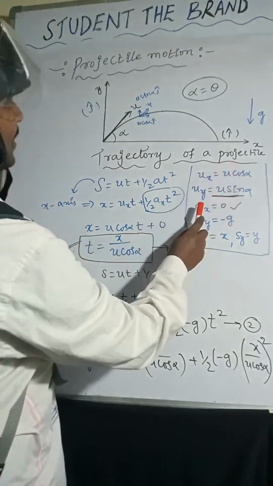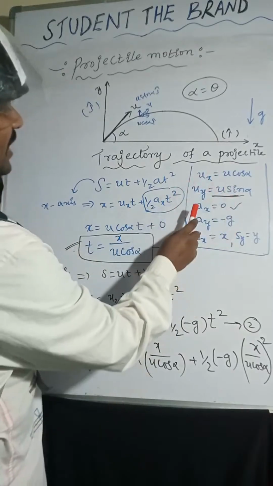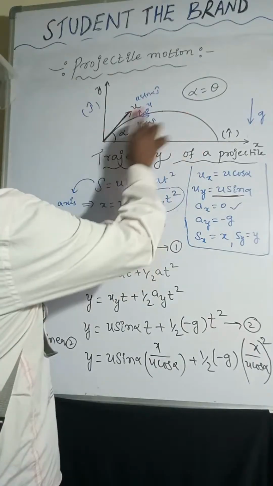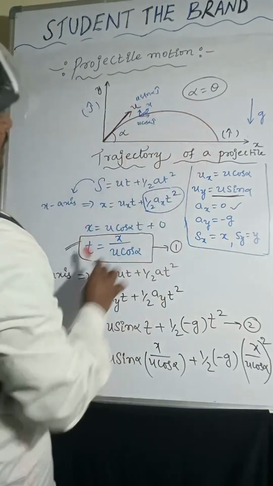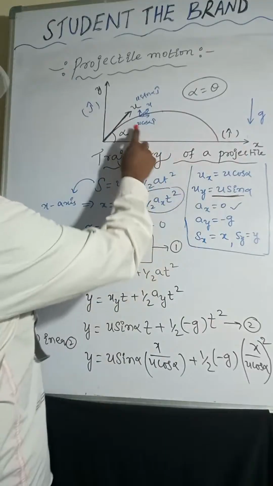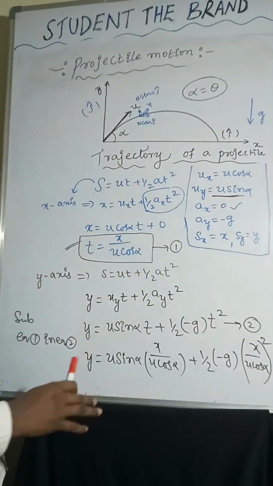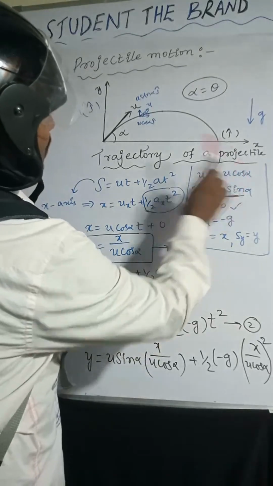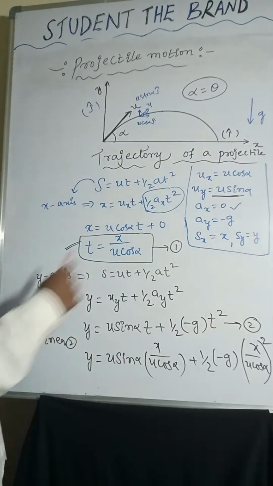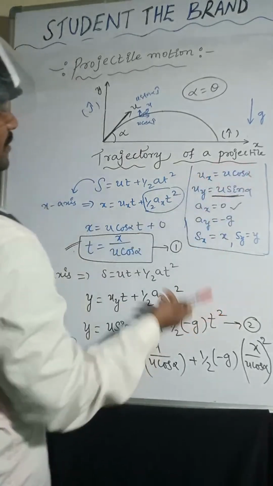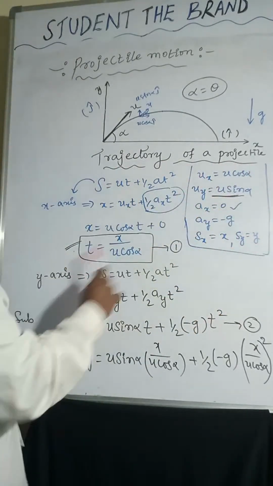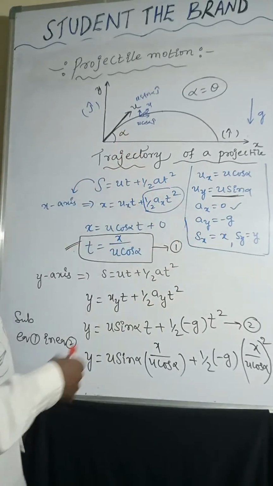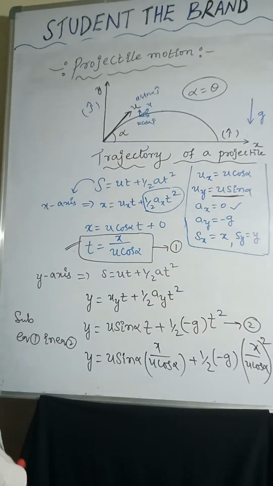Ux equal to u cos alpha, uy equal to u sin alpha, ax equal to 0. Why? Because u cos alpha, the initial velocity along the x-axis, is the same throughout the path, so the acceleration along the x-axis is 0. Along the y-axis, acceleration due to gravity is there, so ay equal to minus g.